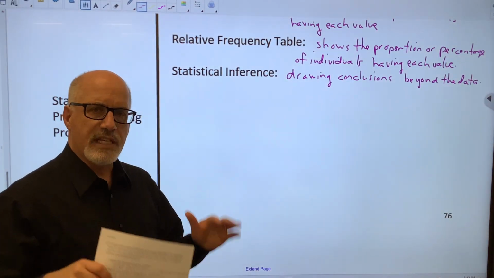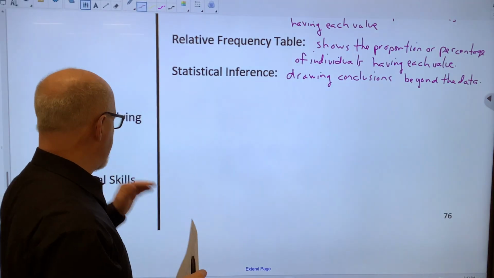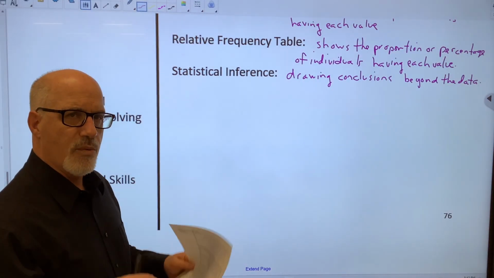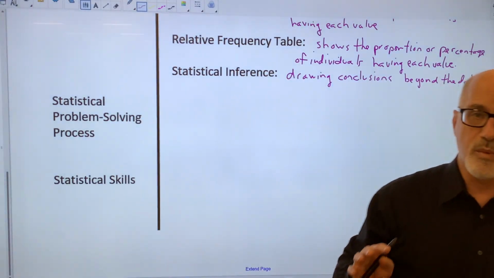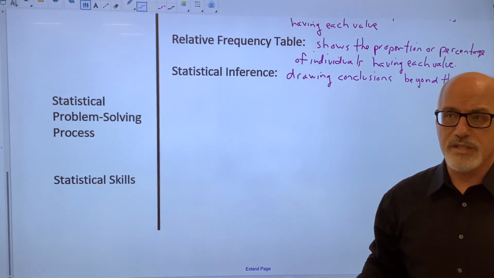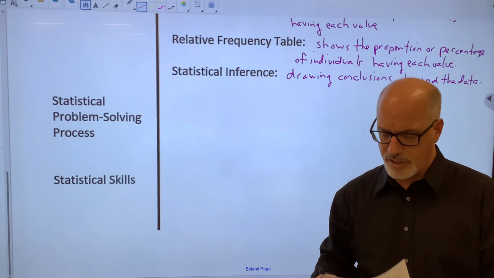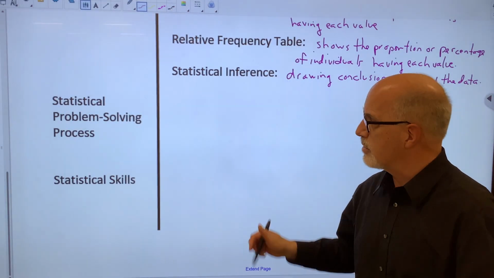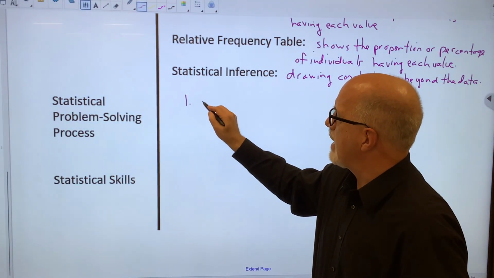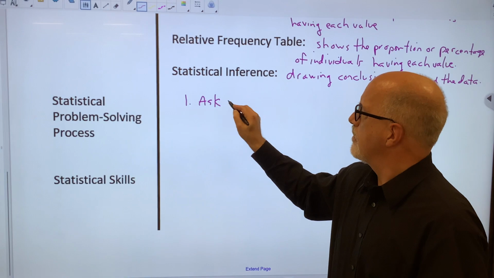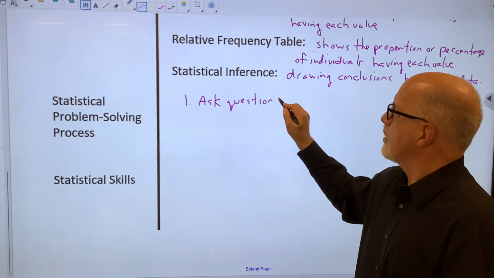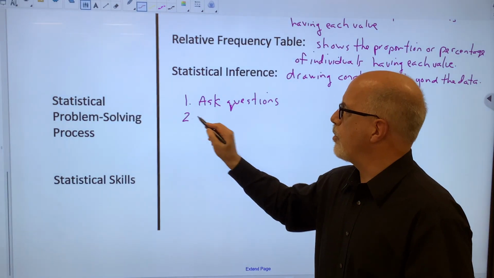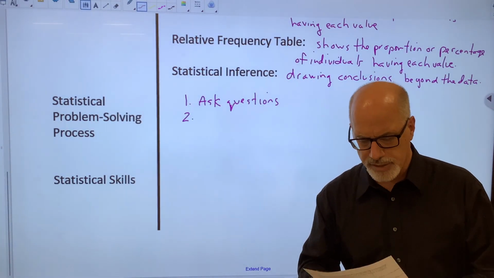All right, now let's actually get to the steps and the skills that we'll start using. The problem-solving process: when we look at statistics and we want to solve problems using the information to come up with conclusions, the first step is to ask questions. Questions are very important as part of the statistical process.